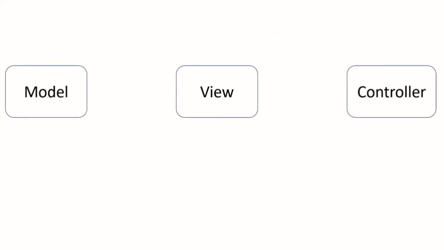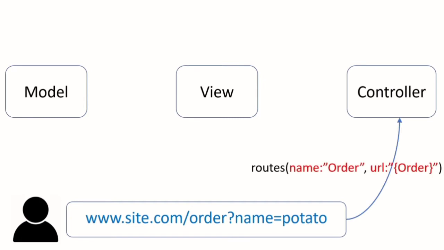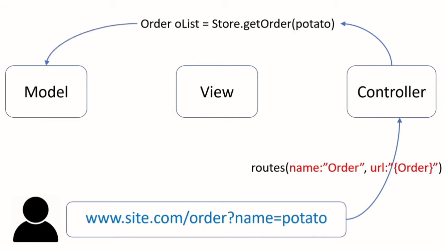So let's see an example. We have the router, and the router will look at the URL sent by the user, and the router will send the information to the controller, and then the controller will order the model to create a list of orders, and then the model will make a request to the database to get the data.